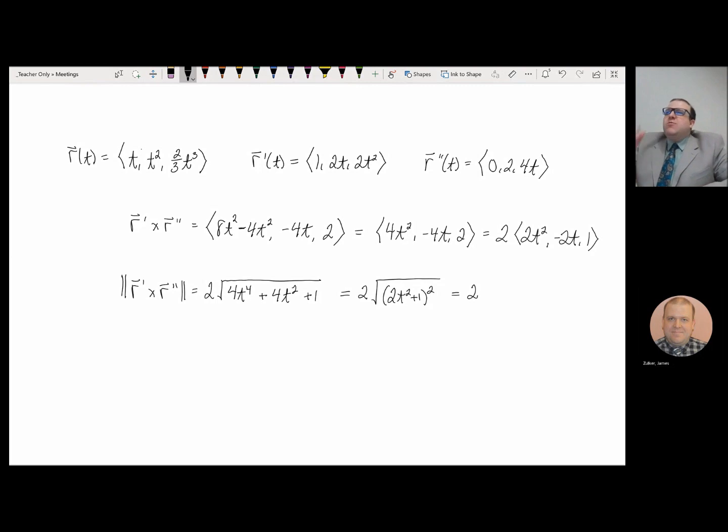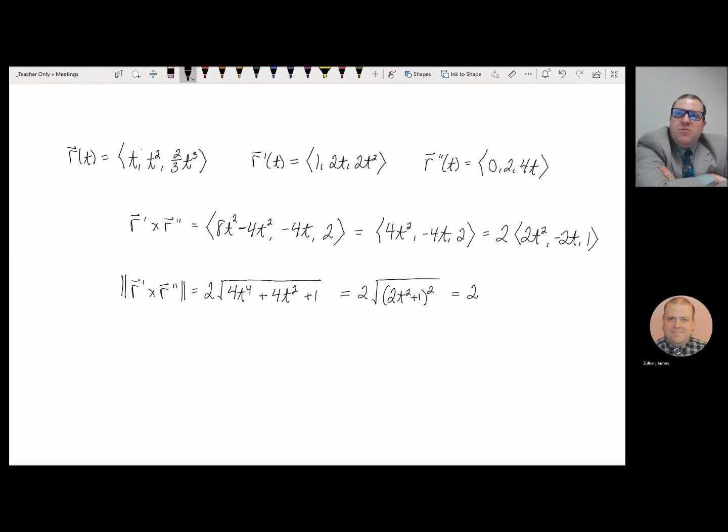So if you take the square root of x squared, what's the result? It'd be the absolute value of x, right? We don't need plus or minus here.